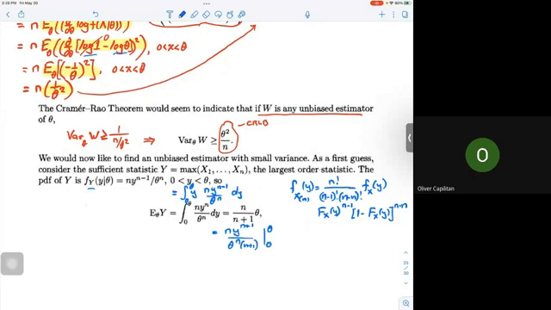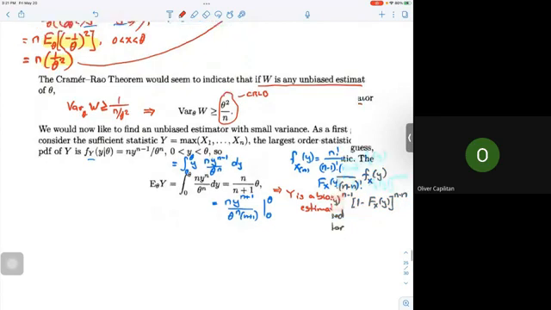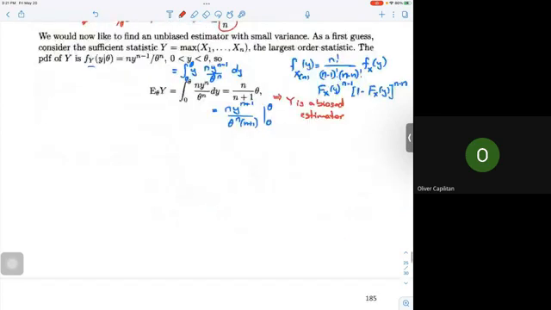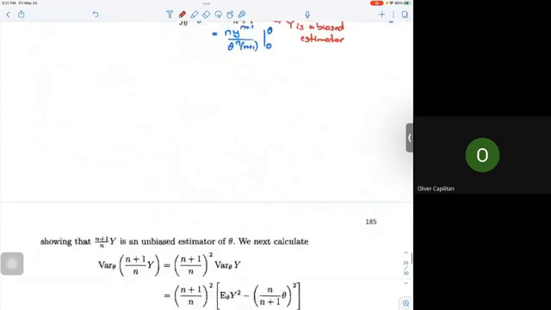So this implies that our Y here is a biased estimator. Okay, so Y is a biased estimator. Showing that (n plus 1) over n times Y is an unbiased estimator.